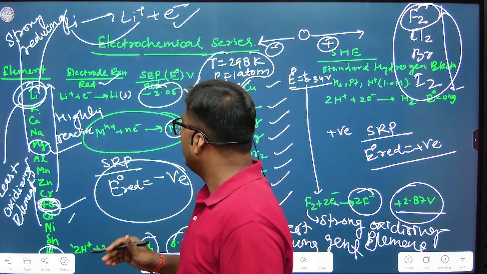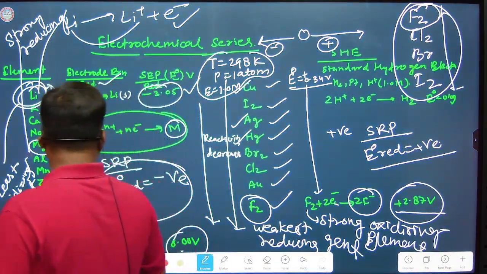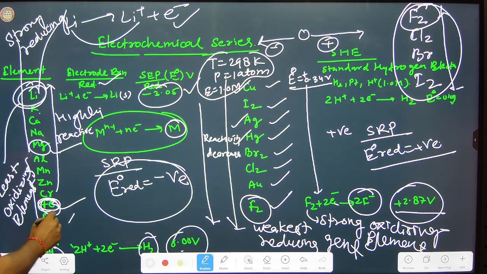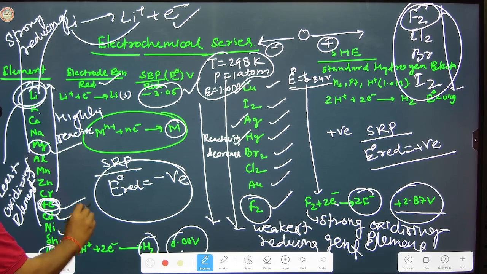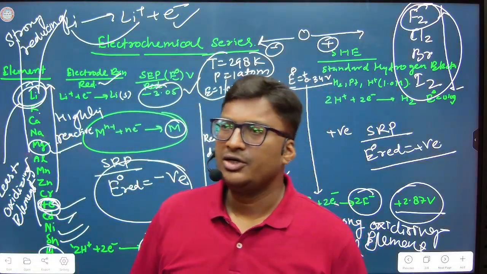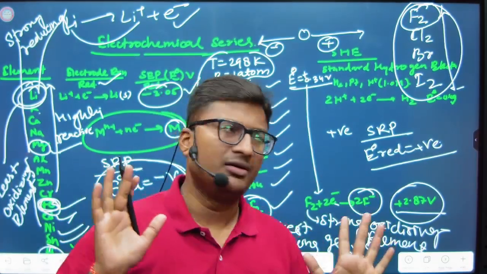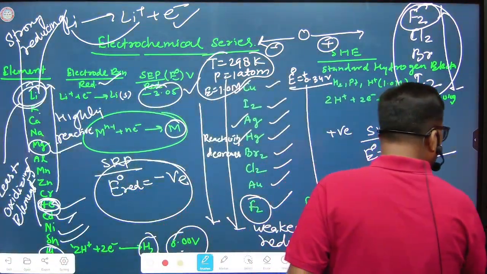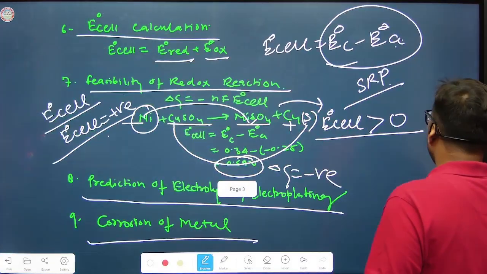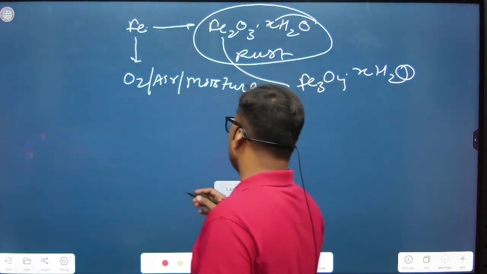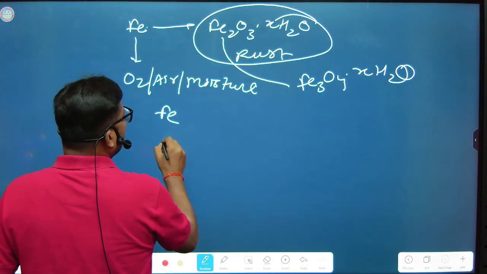So what we have to adopt here is any of the metals below this iron, like cadmium, nickel, tin, right? So any metal can be taken to construct a galvanic cell, right? Suppose we just take nickel. So what happens? Nickel is below the iron. So iron and nickel, suppose.